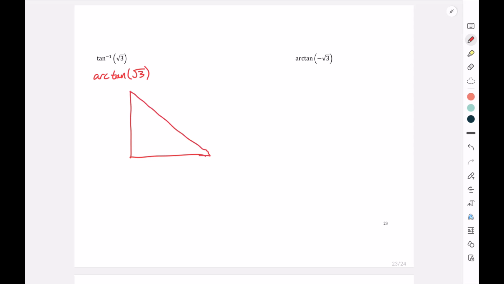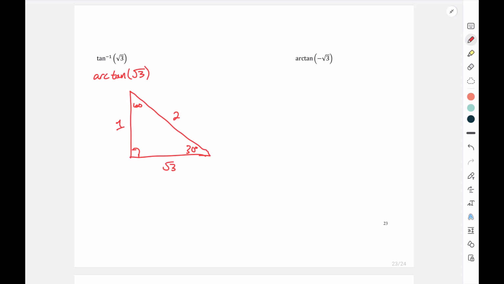So if we look at the triangle, we know that across from the 60 is a square root 3, across from the 90 is a 2, and across from the 30 is a 1.